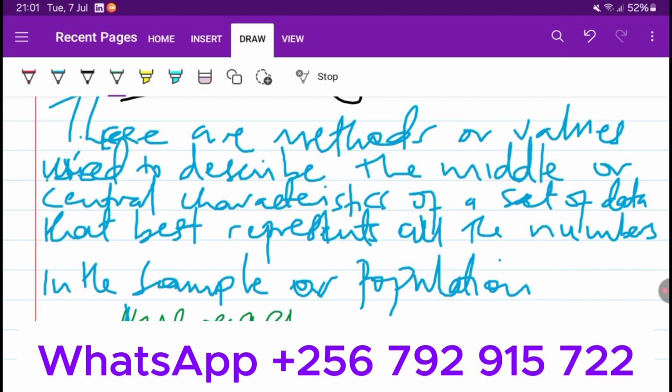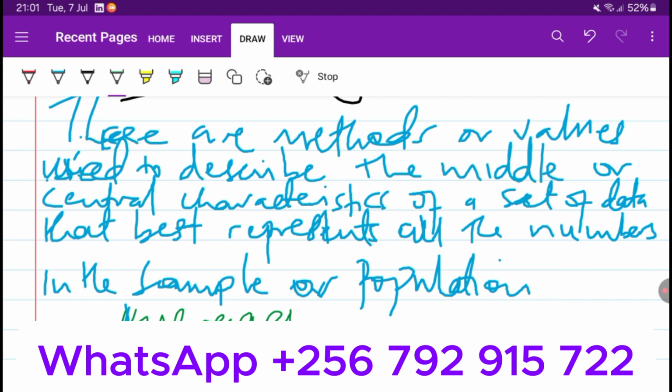And of course, there are other measures of average which we shall talk about as far as this topic is concerned, like the weighted average or weighted mean, the harmonic mean, and the geometric mean.